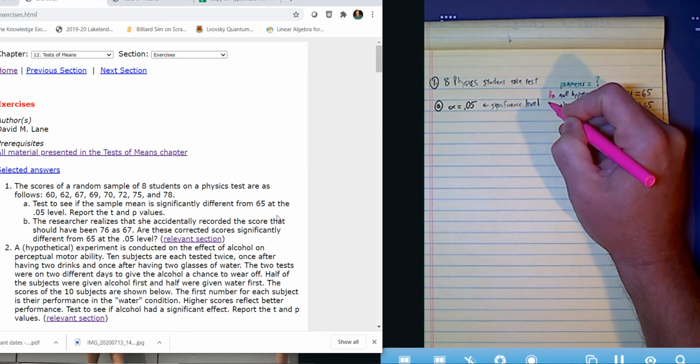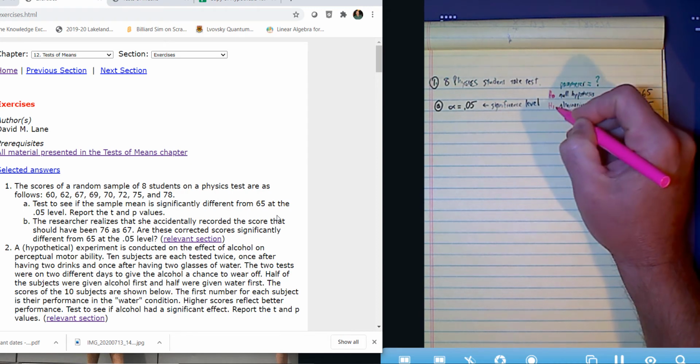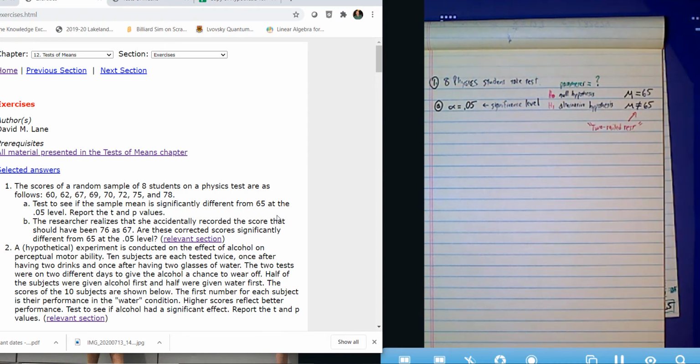But anyways, the alternative hypothesis, sometimes people put H1 or they might put HA. Those are lots of things that are used in the literature. So we're trying to either say we reject the null hypothesis, or maybe we don't have enough evidence to reject that. Now, let's take a look at what we computed.